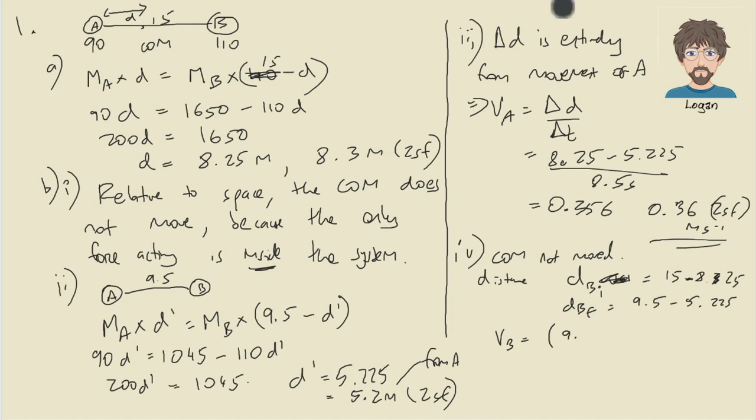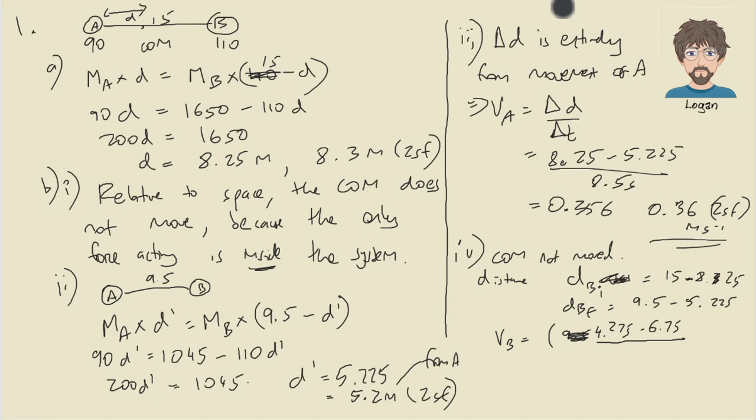I'm going to do those calcs as I do this. So 9.5 minus 5.225 is 4.275, minus 6.75, all over the time.